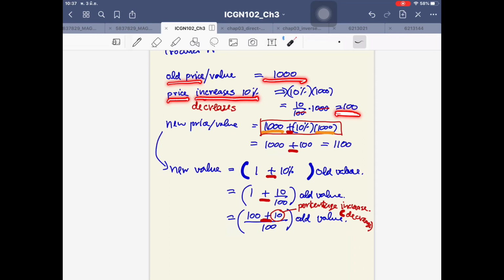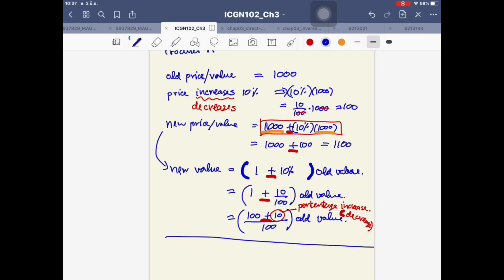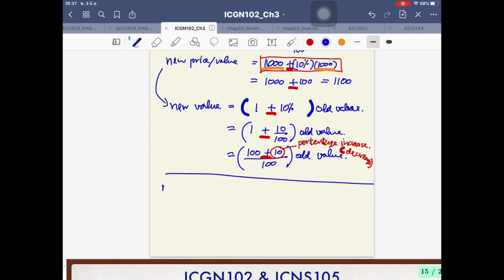This will be the amount of money that you need to pay more: you need to pay 100 baht more. And then the new price will be 1,100.